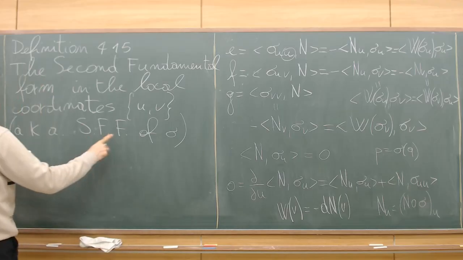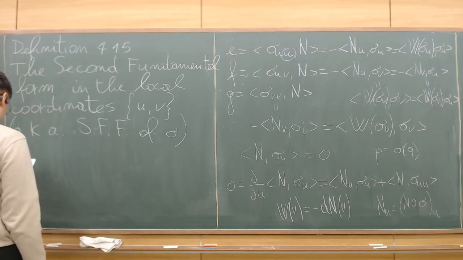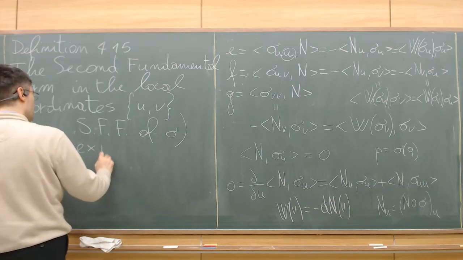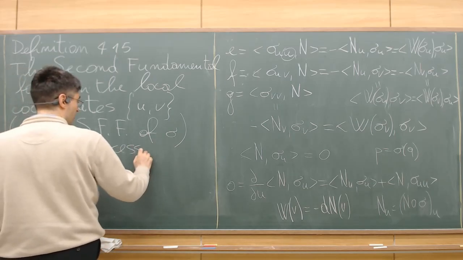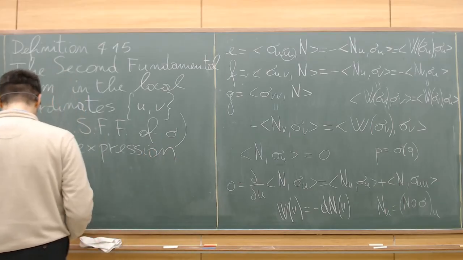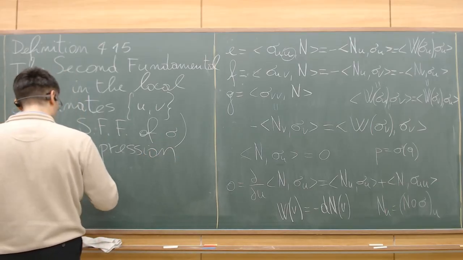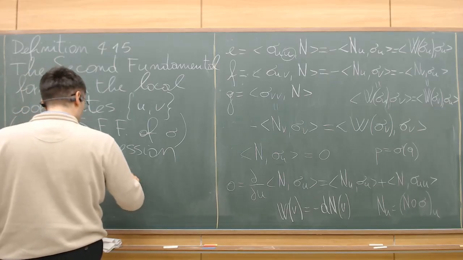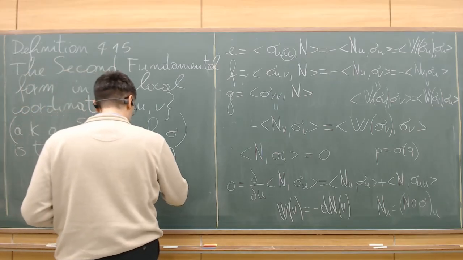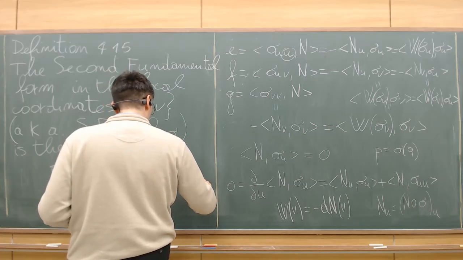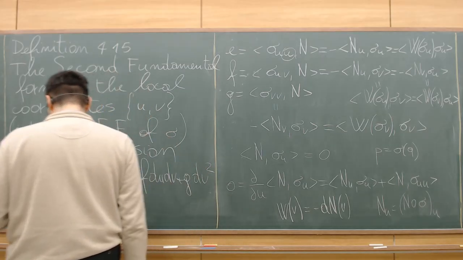So SFF means second fundamental form, is the expression F2 equal E du square plus 2F du dv plus G dv square.